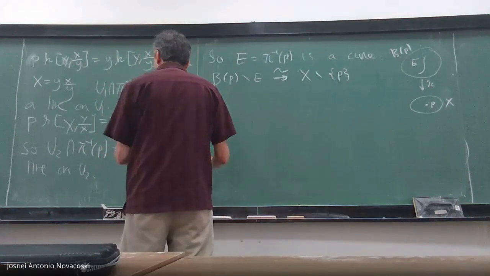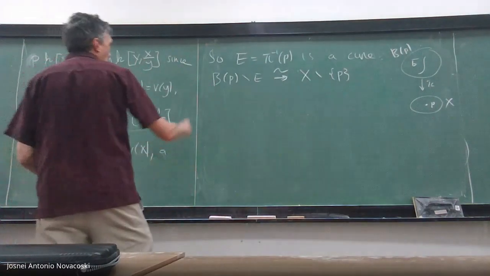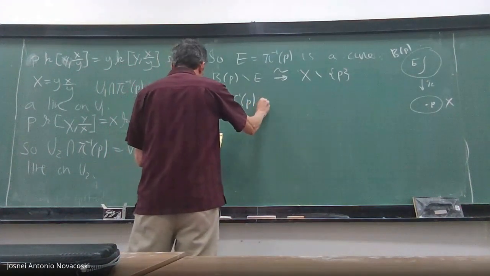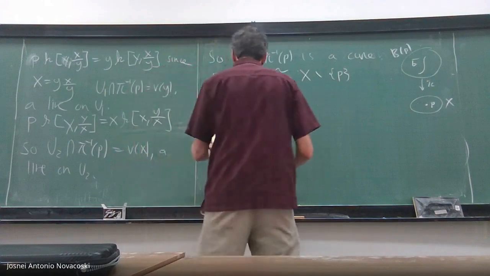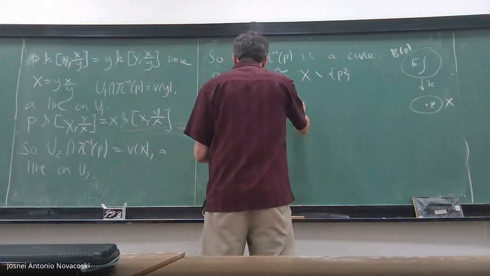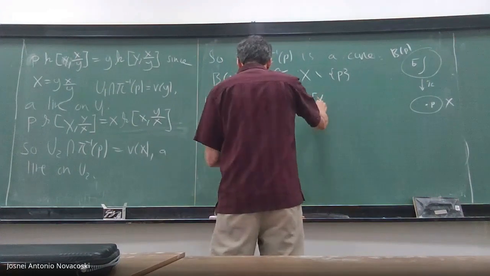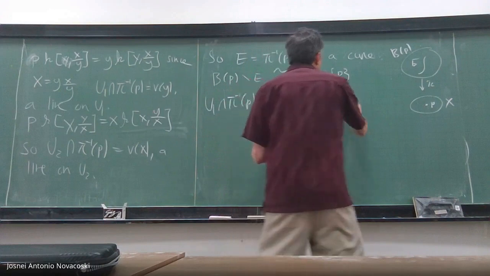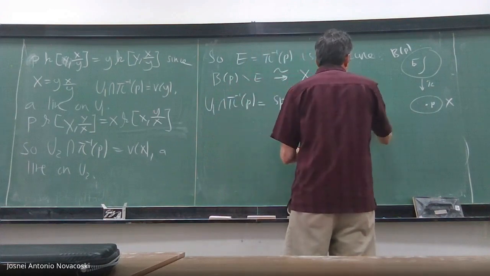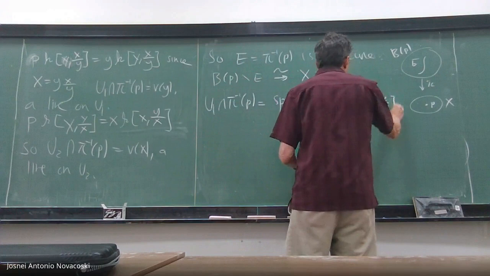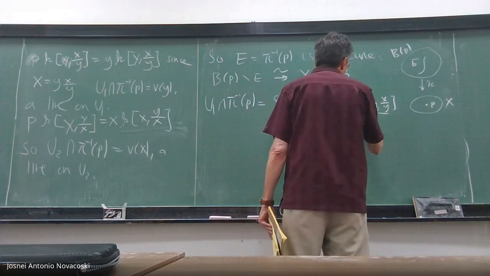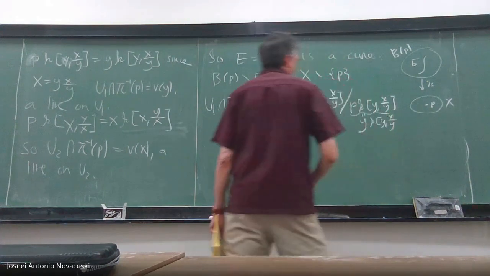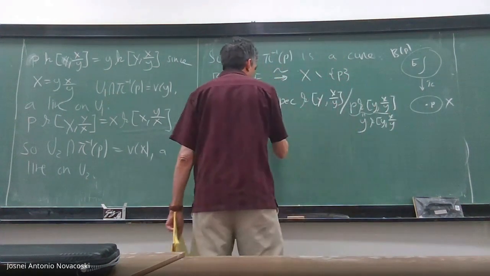So we look a little bit more at this: U1 intersection pi inverse P is equal to the spectrum of K[X, Y/X] mod P K[X, Y/X], and we know this is just K[X, Y/X] mod Y. So you set Y equal to 0 in this.